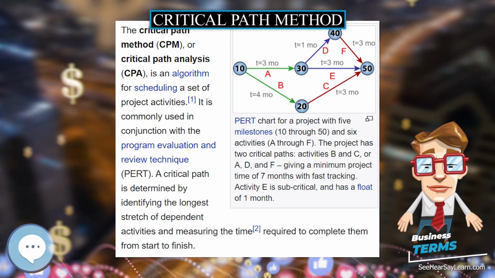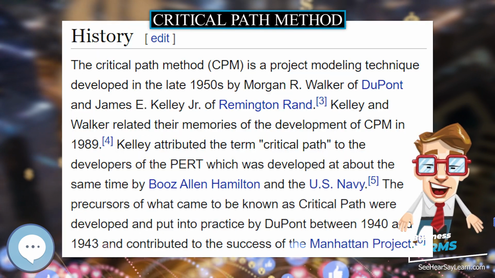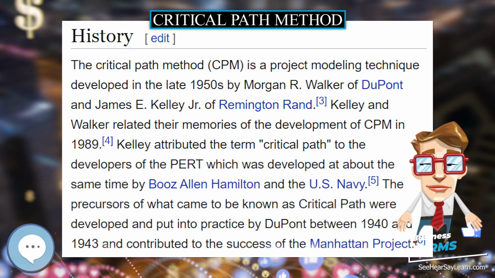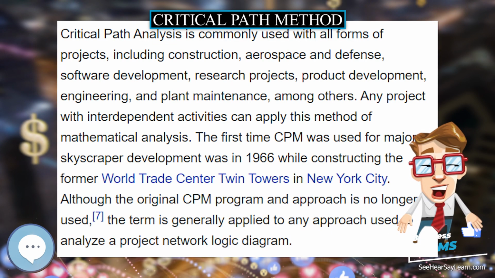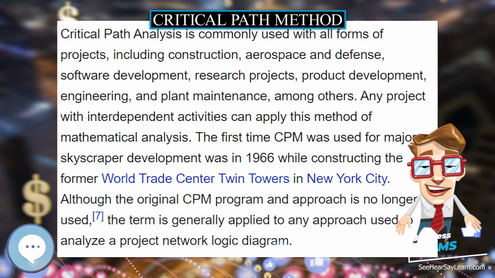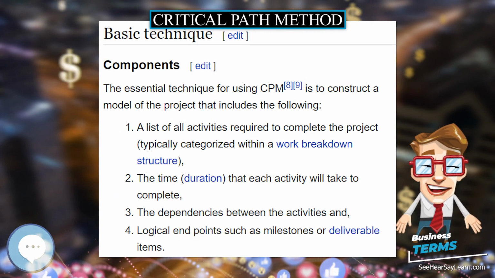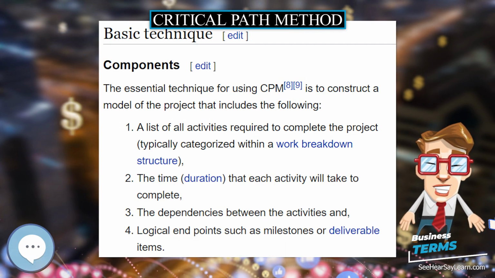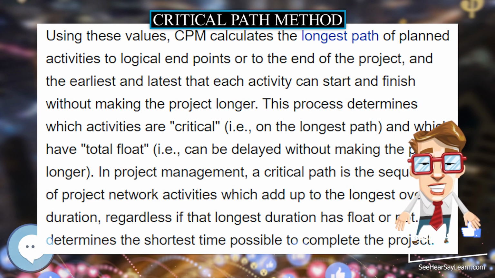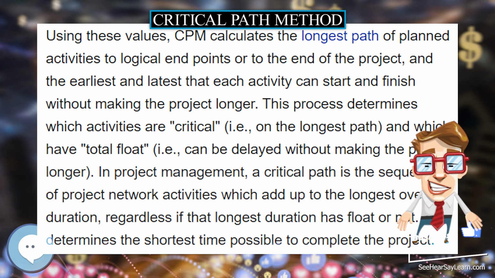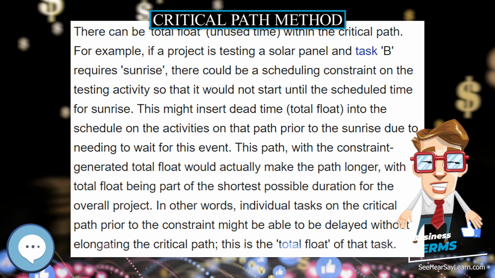In other words, individual tasks on the critical path prior to the constraint might be able to be delayed without elongating the critical path. This is the total float of that task. However, the time added to the project duration by the constraint is actually critical path drag, the amount by which the project's duration is extended by each critical path activity and constraint.